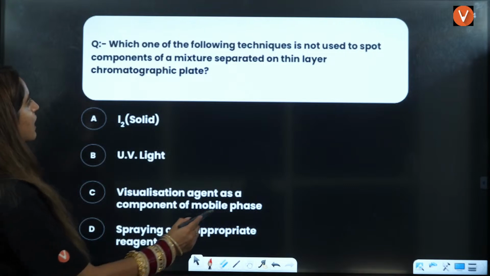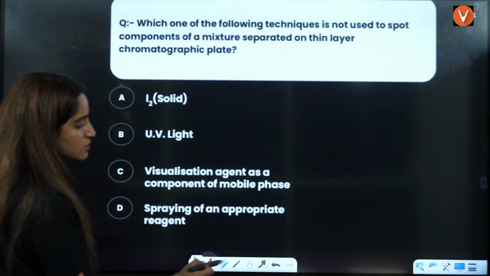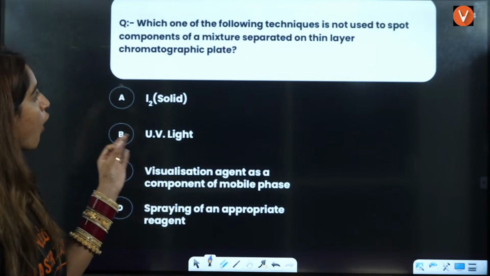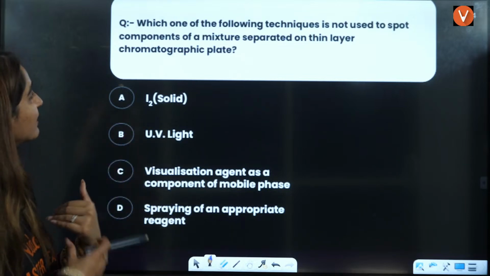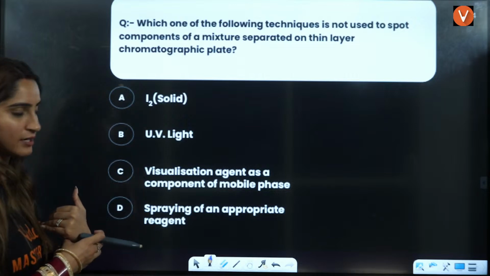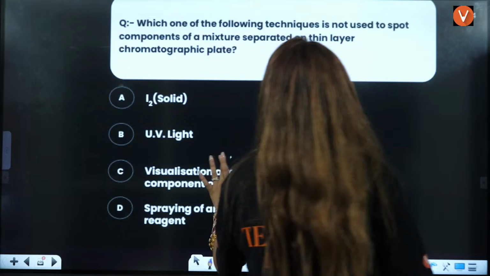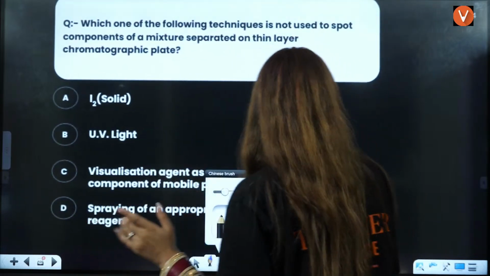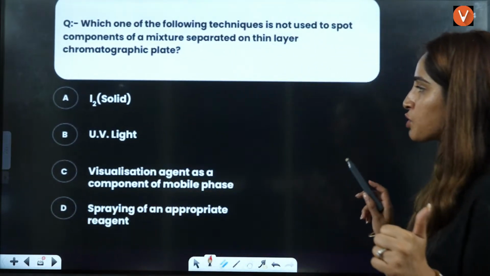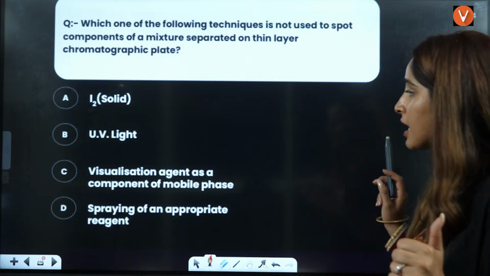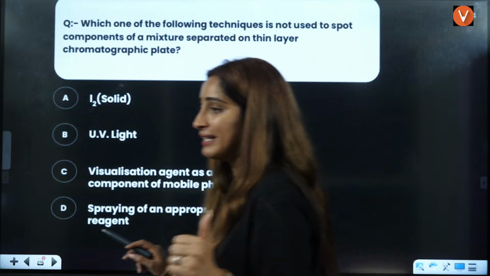Next is, which of the following techniques is not used to spot components of a mixture separated on a thin layer chromatography plate? The options are I2 solid, UV light, visualization agent as a component of mobile phase, and spraying of an appropriate reagent.